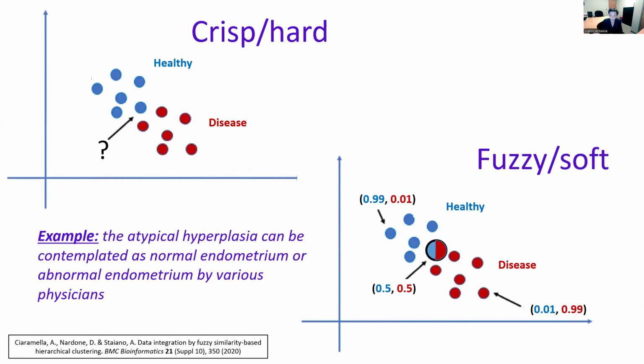So in hard clustering, a disease can be present or absent, red or blue. In soft clustering, the disease could be of some grade red and some other grade blue. And you can think about many examples from the medical field. For example, hyperplasia can be defined as normal endometrium or abnormal endometrium by two different physicians.